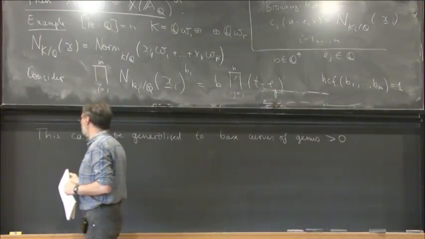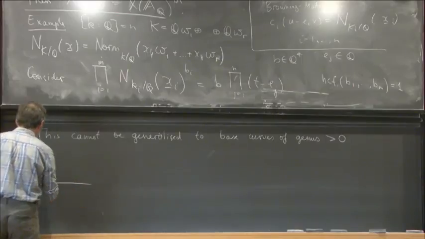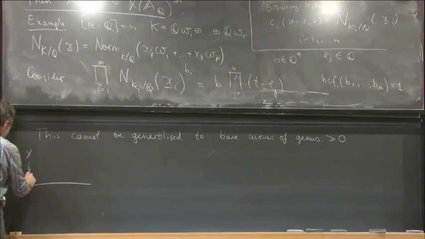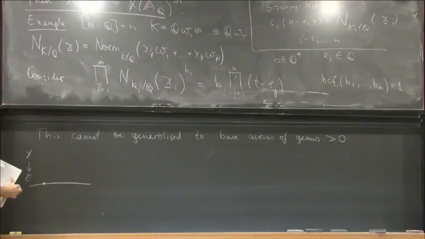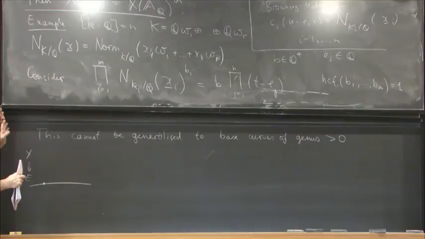I mean by this that if you have X equipped with a morphism to some curve E, which is, for example, an elliptic curve or a curve of higher genus, then you cannot expect anything of this kind.